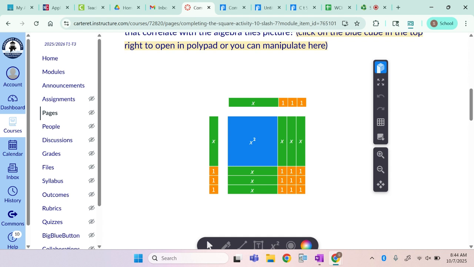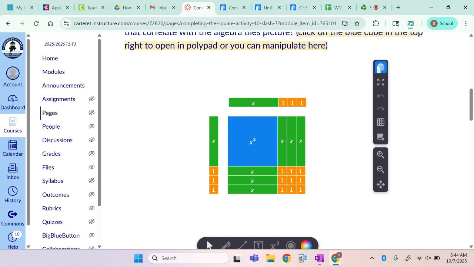Now, this is called a perfect square trinomial. Why? What do you think? Why do you think this is called a perfect square trinomial? Because equal what? Well, this is the perfect square trinomial.